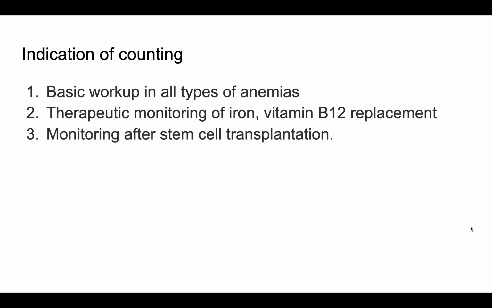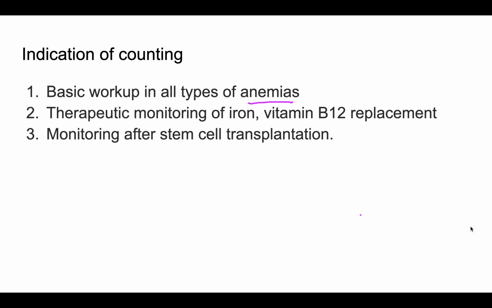Before going to the method, why do we need to count retics when we are already doing CBC and peripheral blood smear? It is just a window to the bone marrow. If you do not want to do a bone marrow examination but want to see how the bone marrow is doing, you can do a reticulocyte count. It is a basic workup in all types of anemias.